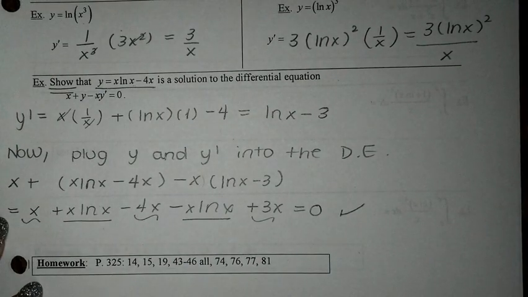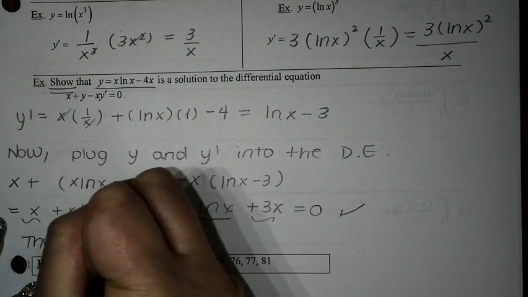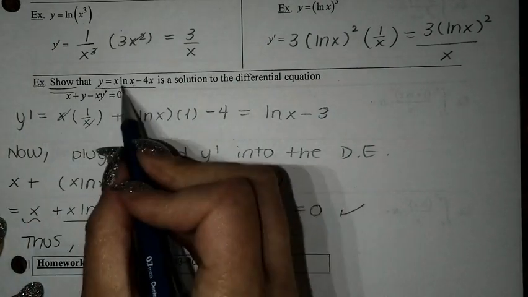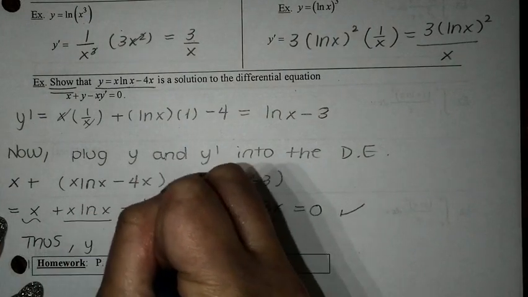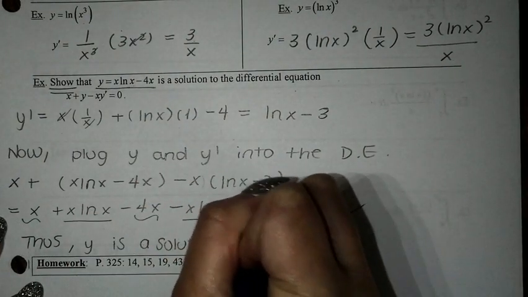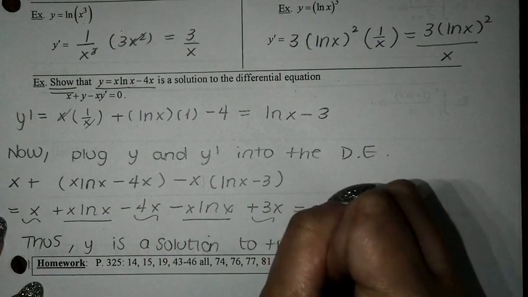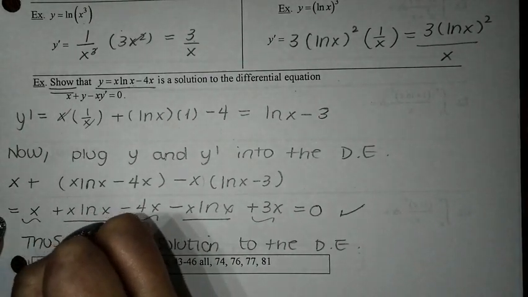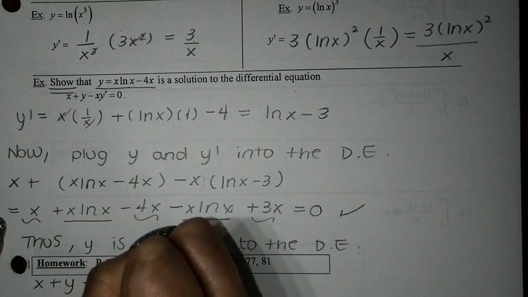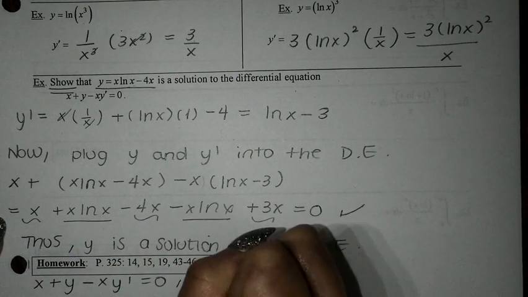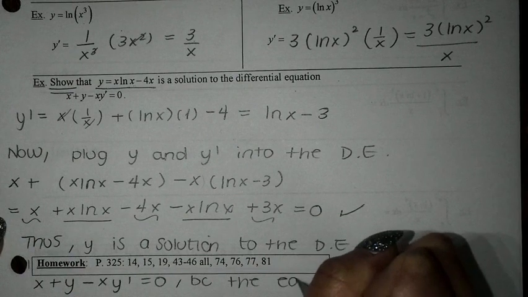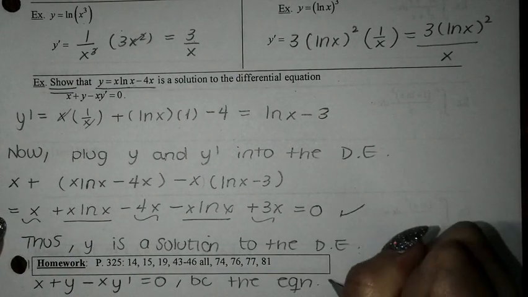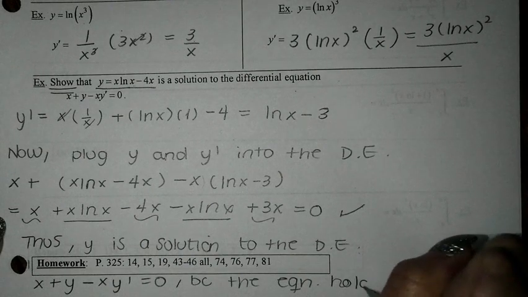So what we can say over here is that, thus, y, what's y? y is this one, is a solution to the differential equation, we can put it here, x plus y minus x y prime equals 0, because the equation holds for the situation.